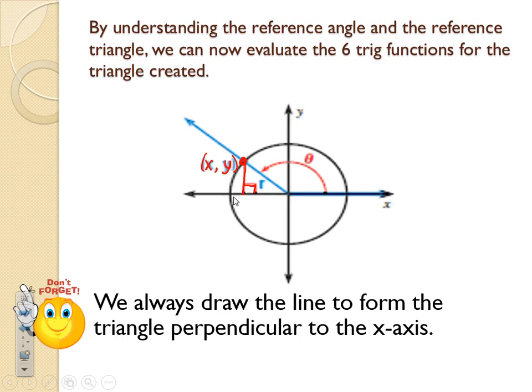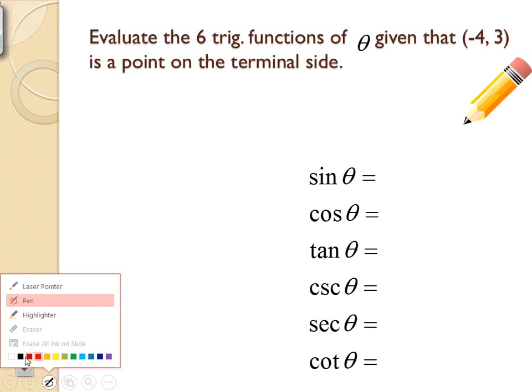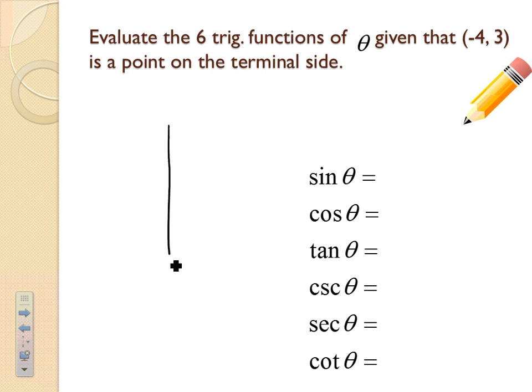All right, so now we need to be able to evaluate the 6 trig functions of theta given a point. So the first thing I need to do is find the point -4, 3. Well, -4, 3 is right here. That's -4, 3.